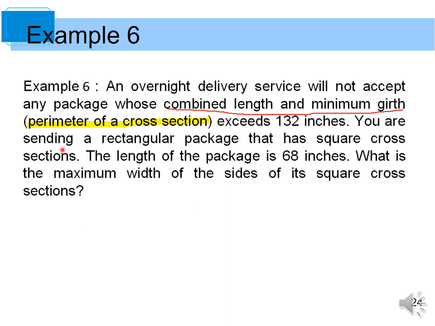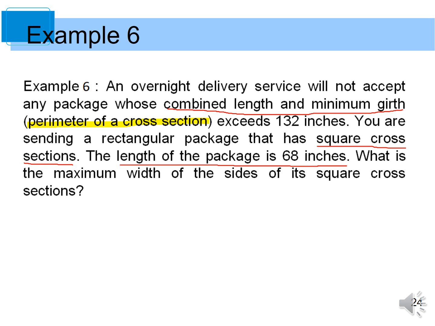You are sending a rectangular package that has a square cross section. The length of the package is 68 inches. What is the maximum width of the sides of its square cross section? You can highlight some of the given information, for example, square cross section, and the length of the package is 68 inches.